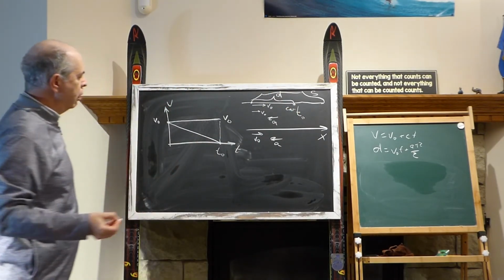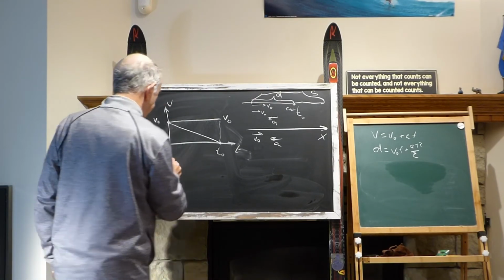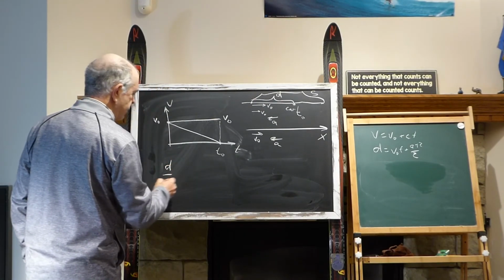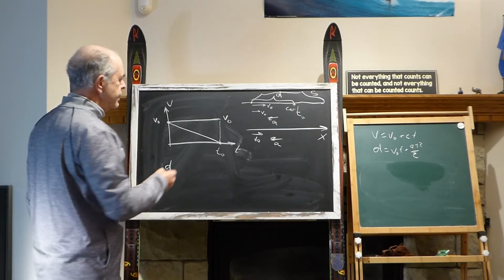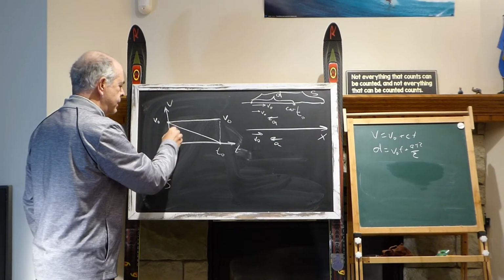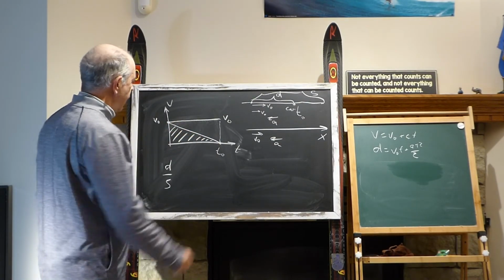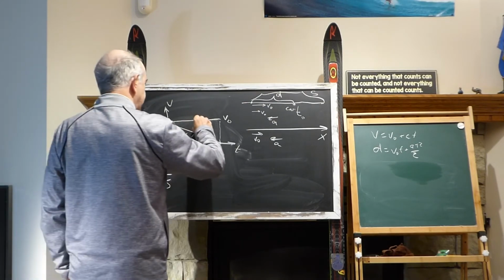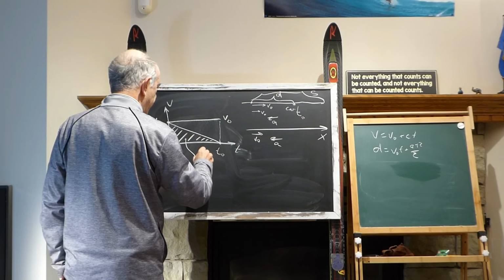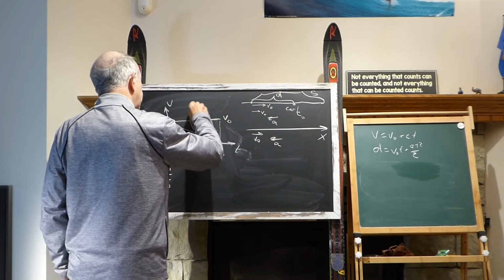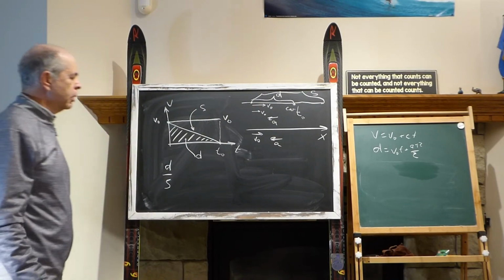And so now, let's recall what they're asking. They're asking about D and S, or S and D. So basically, D is the distance that's covered by the car. This is this area. And S would be the total area of this rectangle.